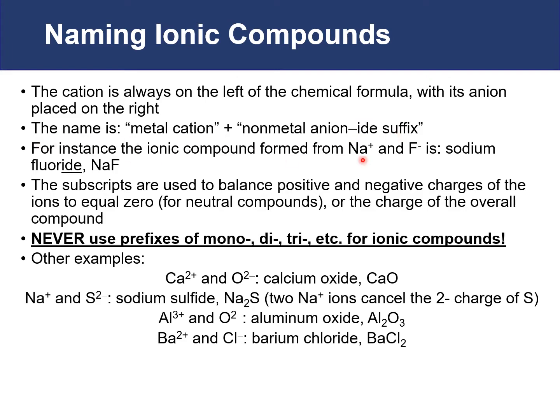An example of this would be if we're combining Na, sodium, with F, fluorine. Because sodium is in column 1, group 1, it can only have a +1 charge. So this is an example of a monovalent metal.